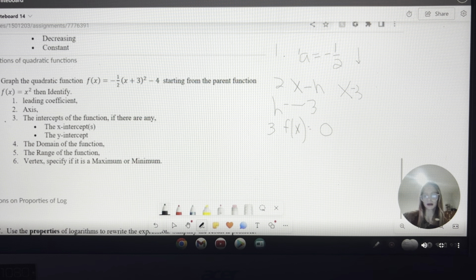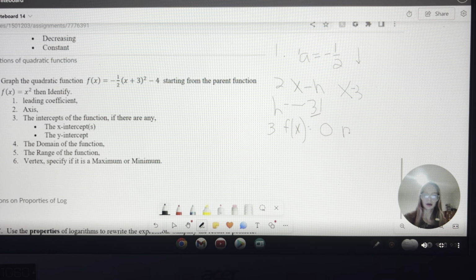Well, okay, so this wouldn't actually have an x-intercept because you have to square this number, and that can't be a negative, so there is no x-intercept.